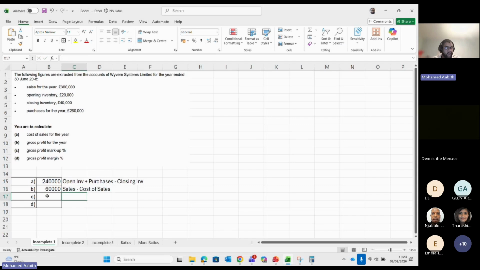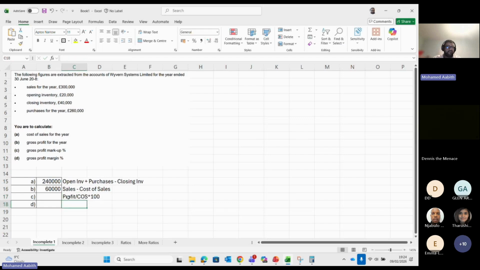The next one, they're asking you, what is your gross profit markup? The formula for that one is going to be the profit divided by cost of sales, because that is 100%, times 100.